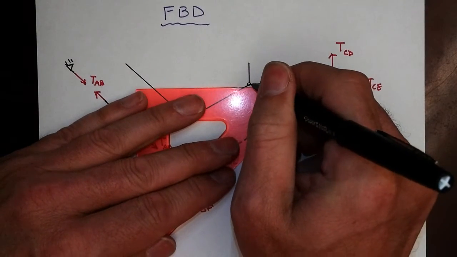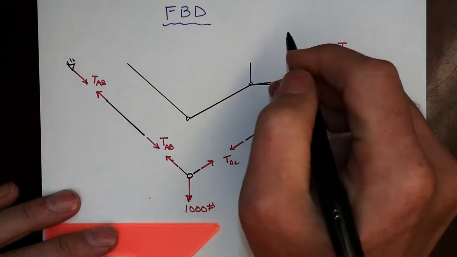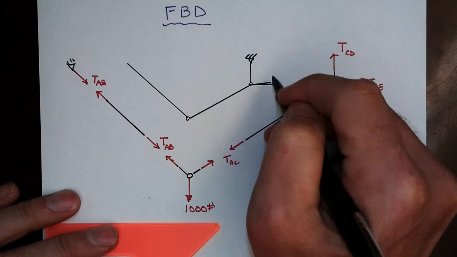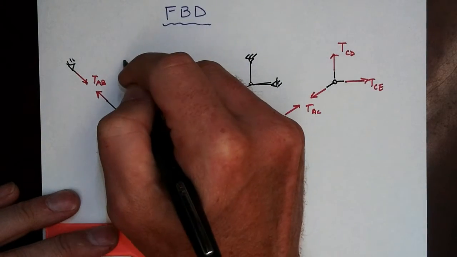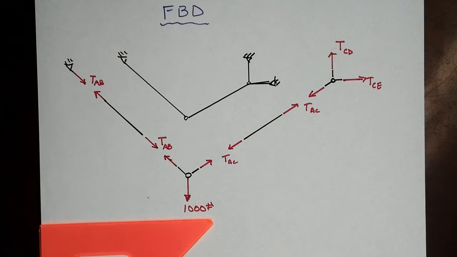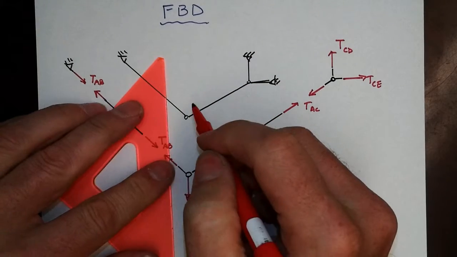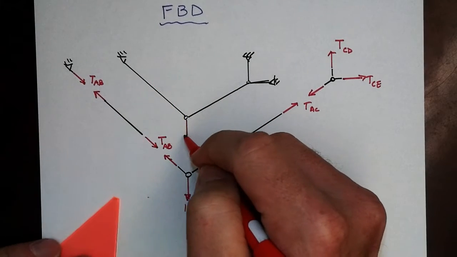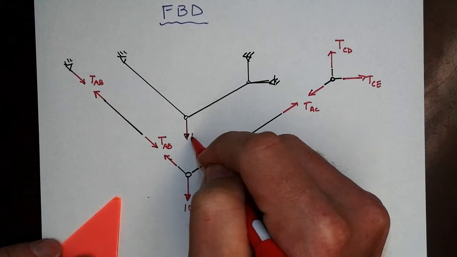Oops, that's not very horizontal. There we go, it's a little better. We've got these supports here, and we have a whole system of internal effects that are created all because we come along and apply this 1,000-pound external load.